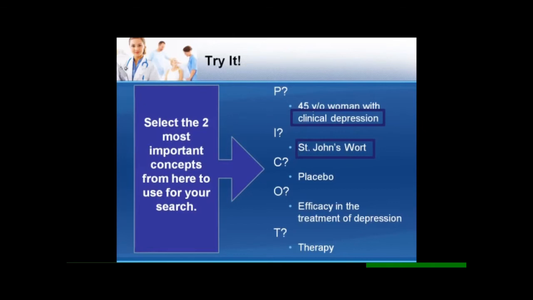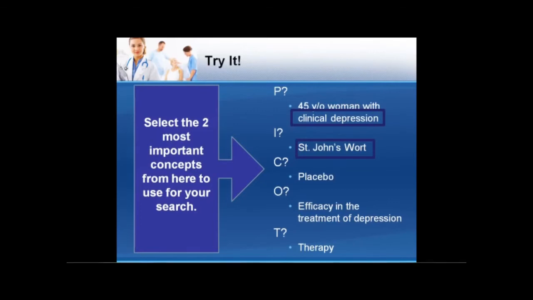So in the clinical scenario that has been derived earlier, there are two keywords that have been generated, the keywords or the key concept. When I say key concept or keywords, these are the most important words that we have derived or extracted from the clinical issue. And here we have it: St. John's wort and the clinical depression. Makes sense, right? Because this seems to be the problem, and this seems to be the intervention.